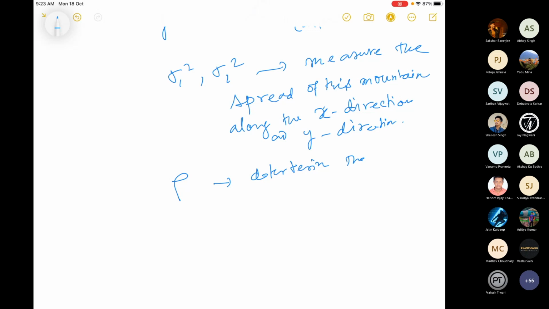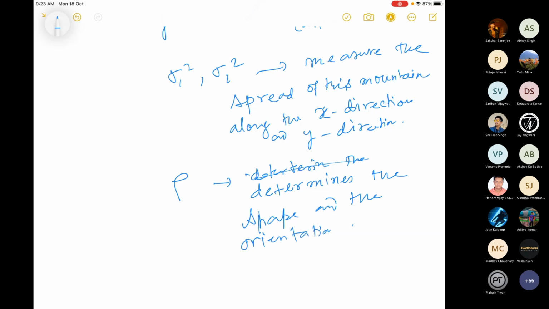So this determines the shape and the orientation on the xy plane.